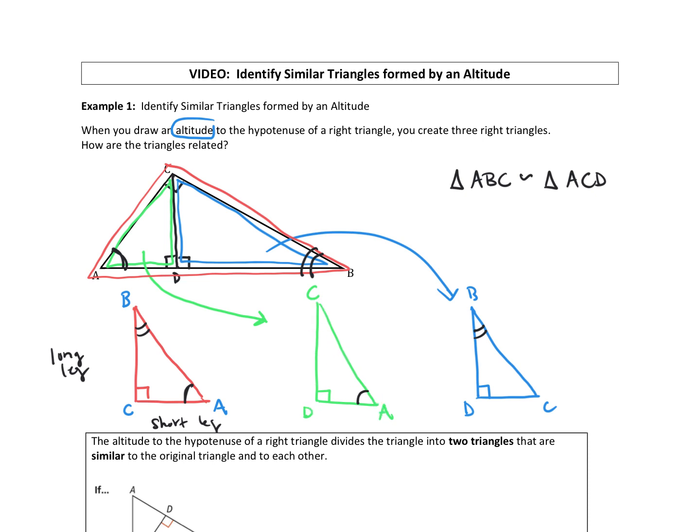The reason why these two triangles are similar is they both have a right angle and they both have angle A. So they're similar by the angle similarity. All right, well, triangle ABC is also similar to triangle CBD.